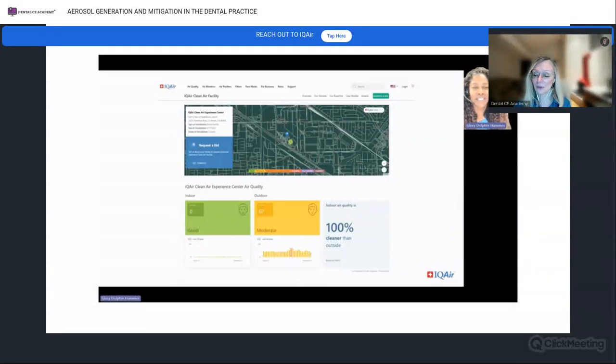We have a Clean Air Facility. This is our particular clean air facility in La Mirada. This is IQAir La Mirada, and you can see how much cleaner the indoor air is in comparison to the outdoor air. With the clean air facility, you're able to achieve approximately 90% cleaner air, according to baseline outdoor air.